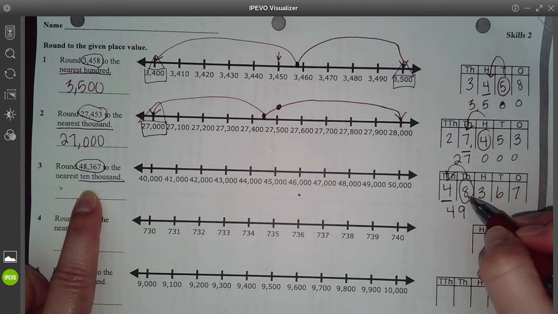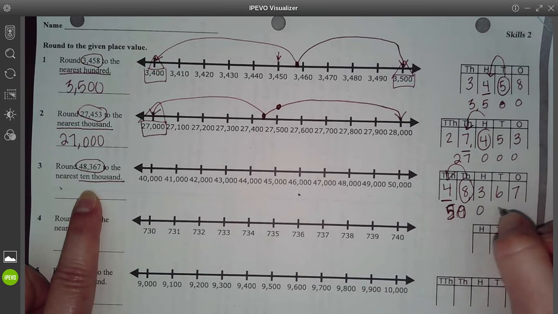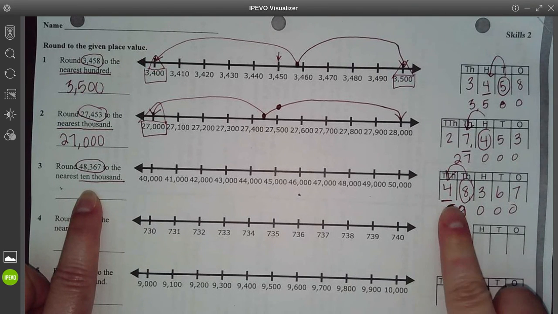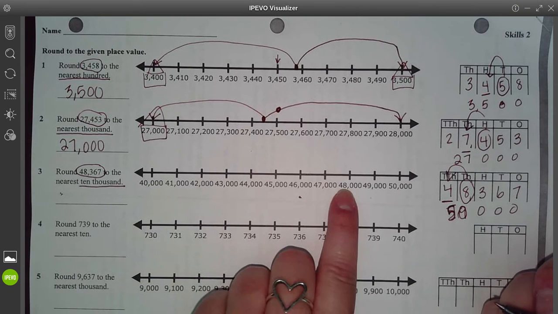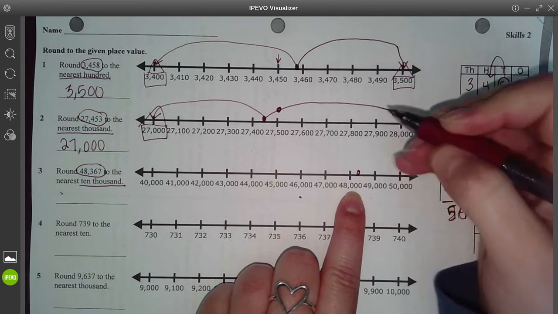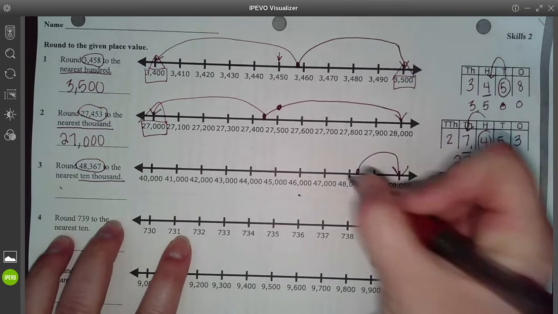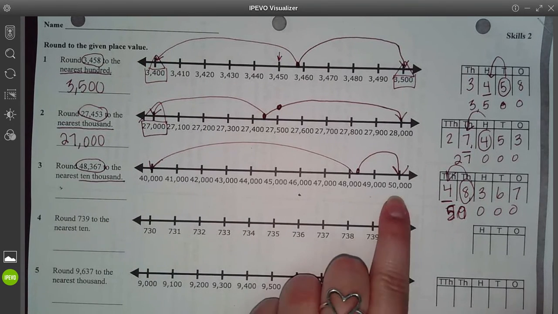The 8 tells it what to do. So the 4 rounds up to 5. And then these are trailing zeros. So we're rounding the number in the 10,000s place. So if I have 48,300, it'd be about right here. So which one's it closer to? 50,000 or 40,000? Obviously closer to 50,000.